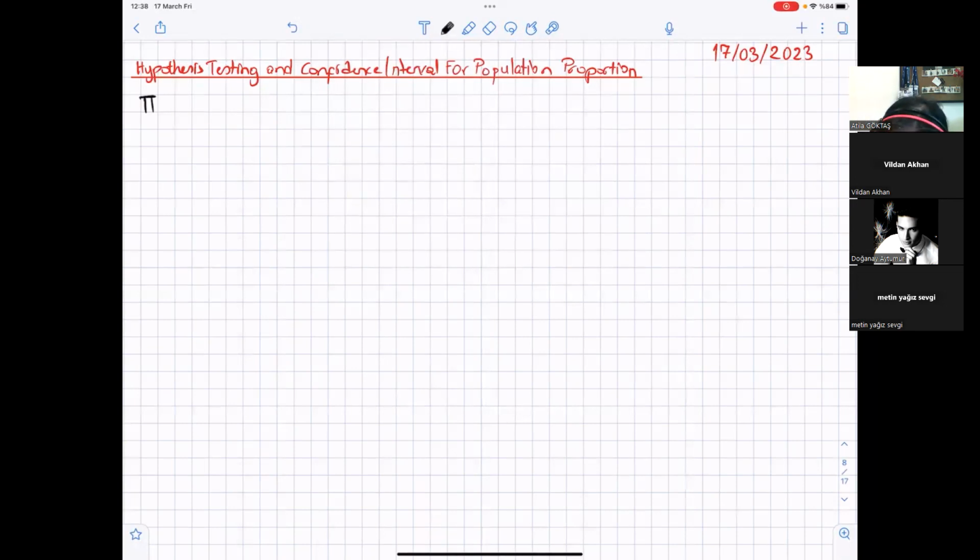So this is the population proportion. We assume that it is not easy to determine the population proportion. We use a sample proportion to estimate the population proportion.